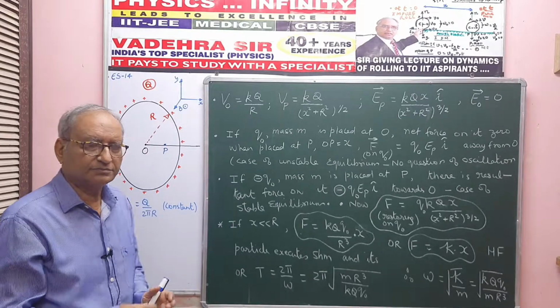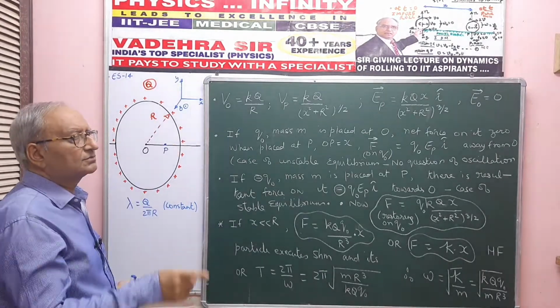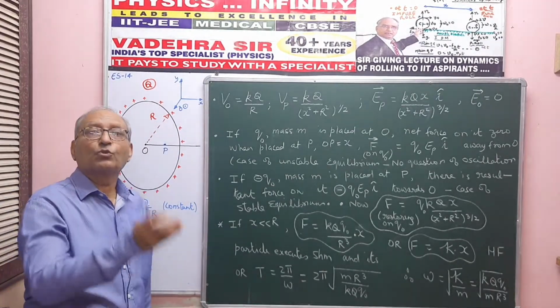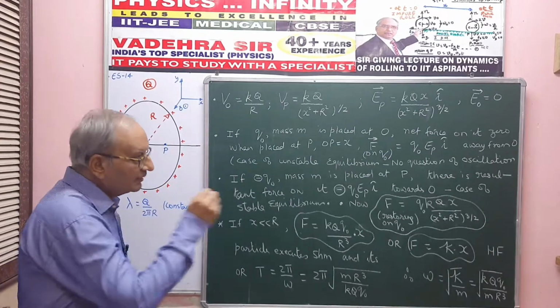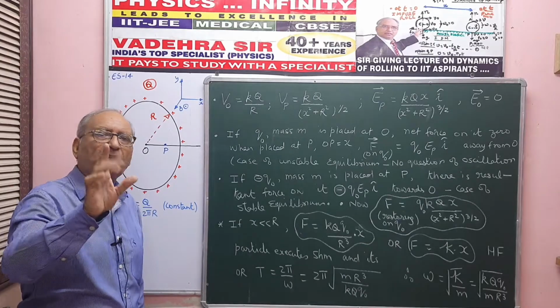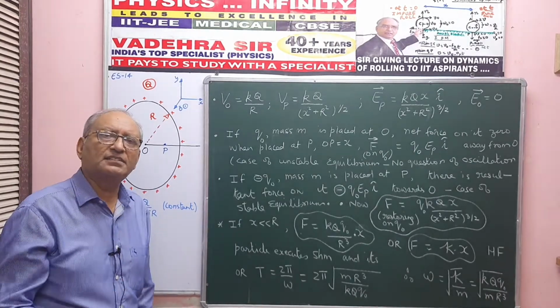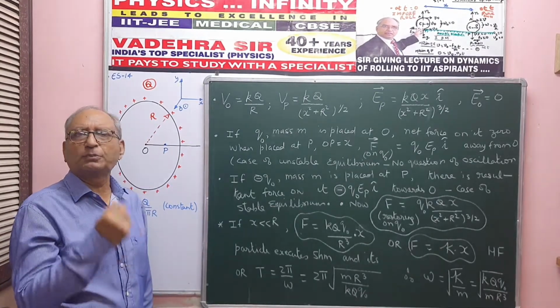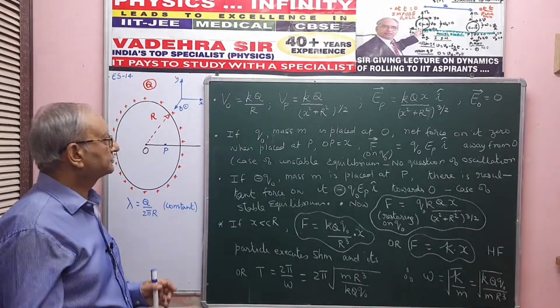So here we are. If this is a ring whose plane is in the YZ plane, X is along the X-axis, charge Q uniformly spread over 2 pi R, so it has a linear charge density lambda, Q upon 2 pi R, that is constant.